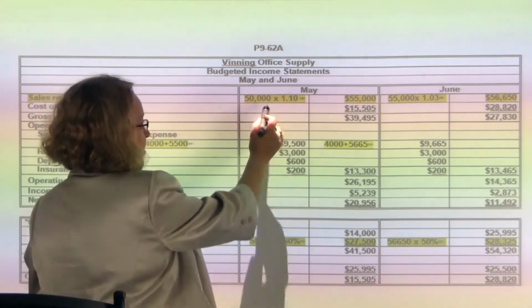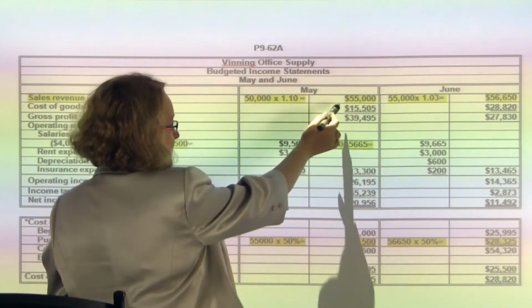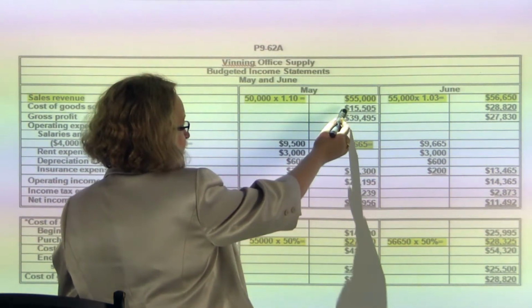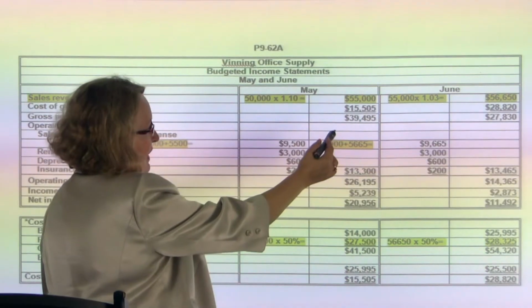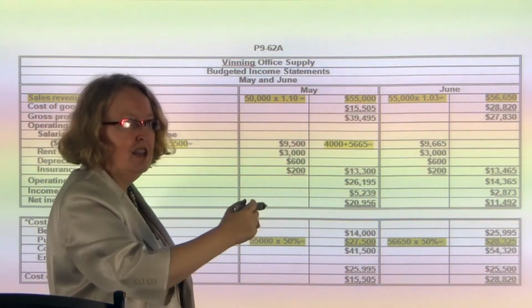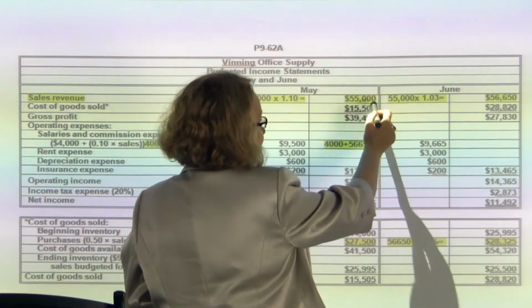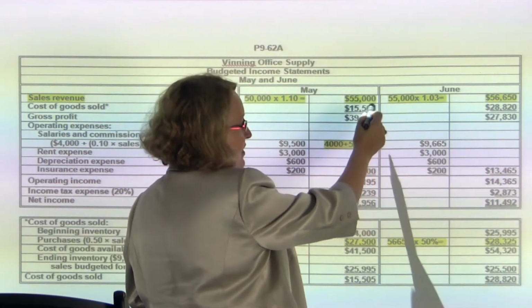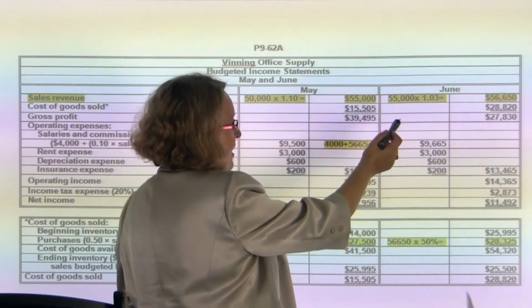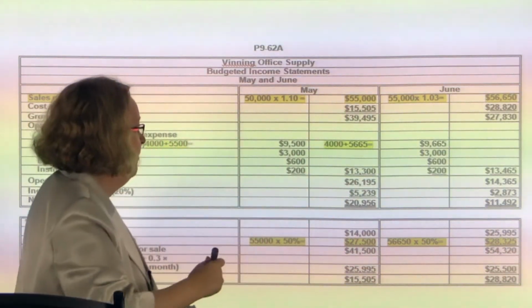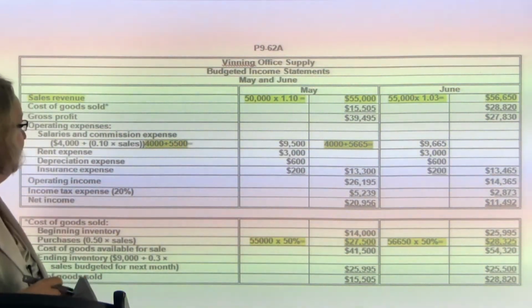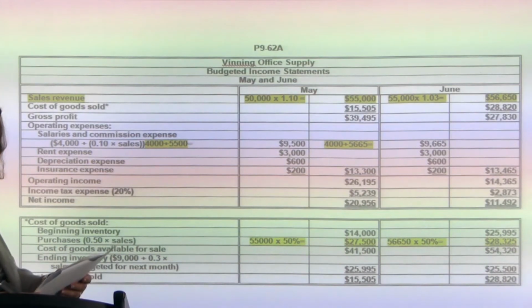So you just take your 50,000, increase it by 10%, 55,000. In June, you're expecting an increase of 3%. So it's not 3% of the 50,000, it's 3% of the 55,000. So it's a 3% increase of the previous month. So that's where the numbers are coming from for the sales for May and June.